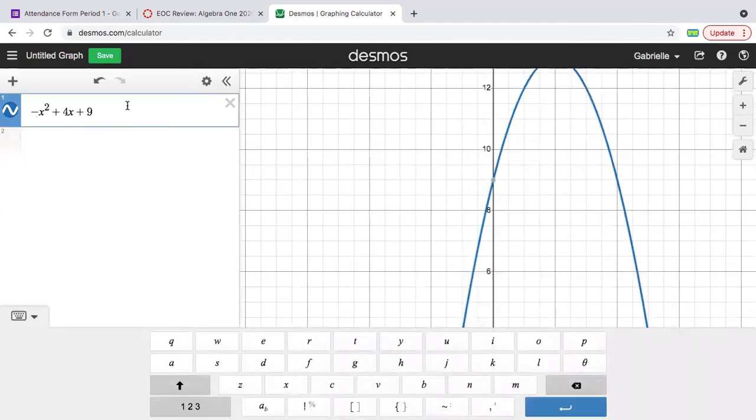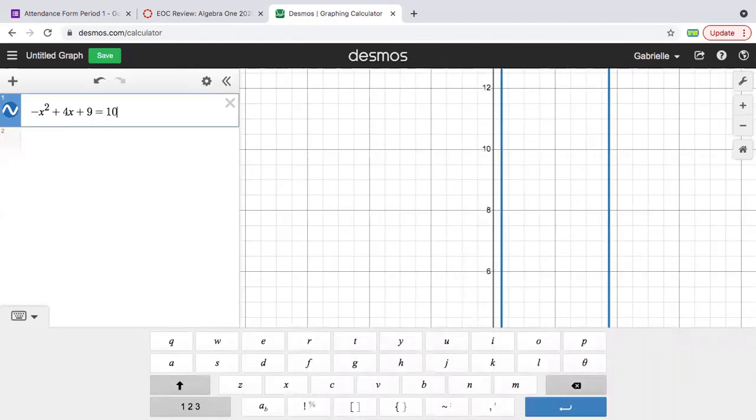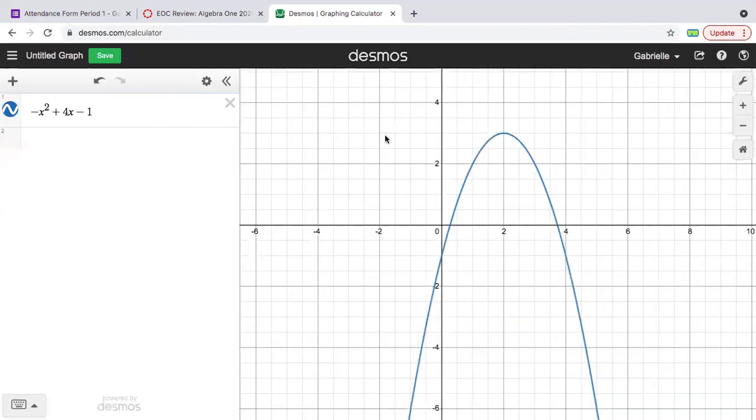Technically I would set the equation equal to 10. But remember, on test mode, it will not work like this. You never want a quadratic equal to a number except 0. So I would subtract 10 from both sides, which would give me negative x squared plus 4x minus 1 equals 0. Now I'm looking at where it crosses the x-axis. Bam and bam. These are the times when the cannon ball would be at 10 feet.